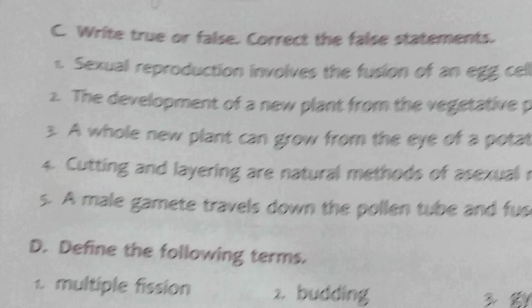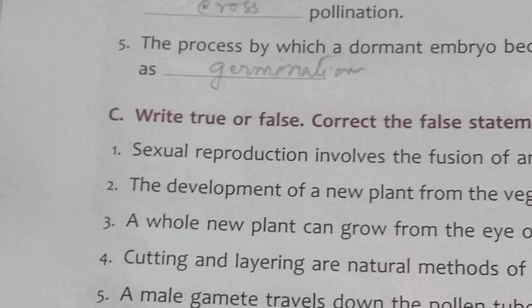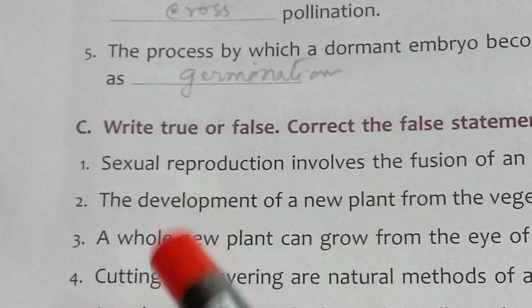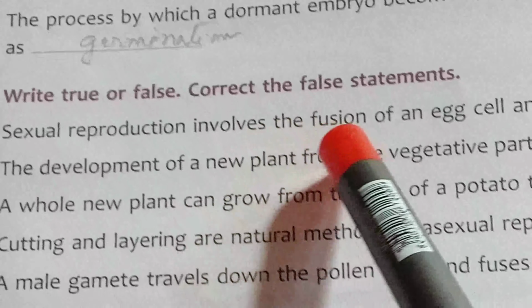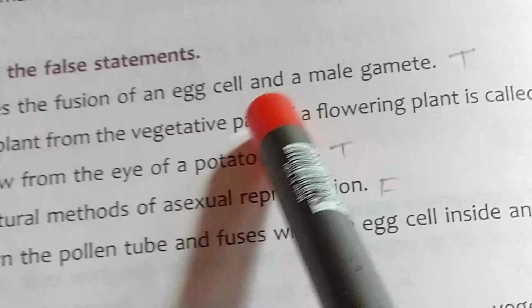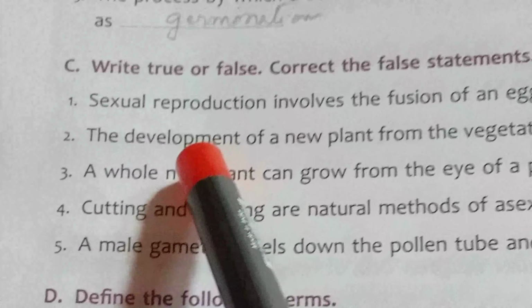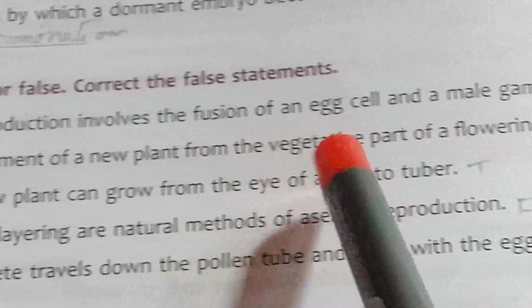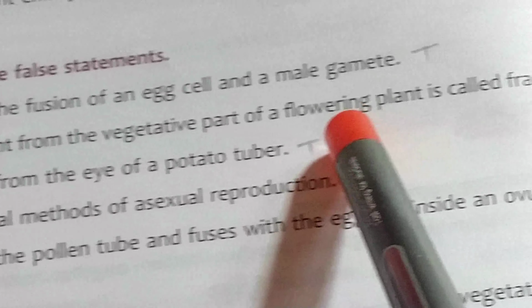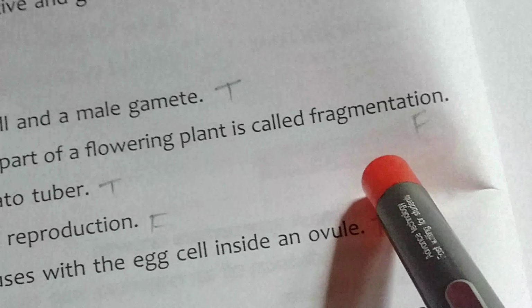Next, true false. Sexual reproduction involves the fusion of an egg cell and a male gamete. True. The development of a new plant from the vegetative part of a flowering plant is called fragmentation. False.